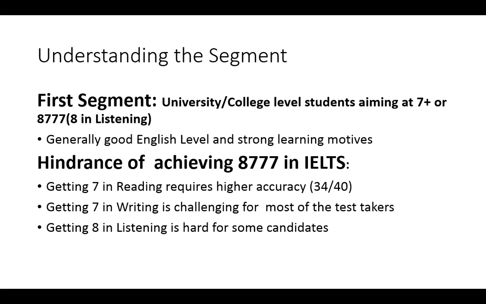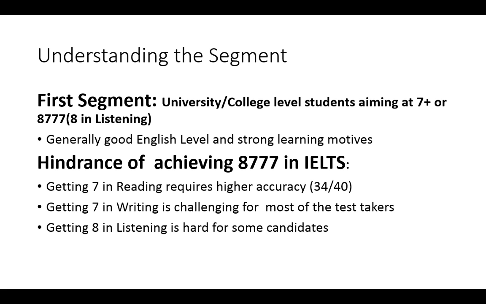Although the reading part is not a big problem in terms of vocabulary for this group of students, getting an overall band 7 in the general training reading module would require higher accuracy, because you should make 34 correct answers out of the 40 total questions, and this is sometimes a little bit tricky for some students, so they need more practice to achieve a very consistent accuracy.